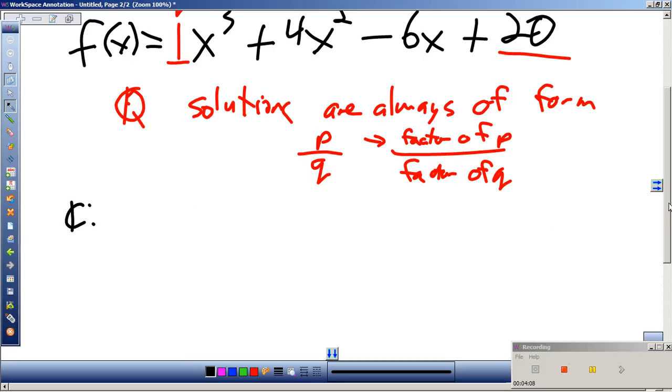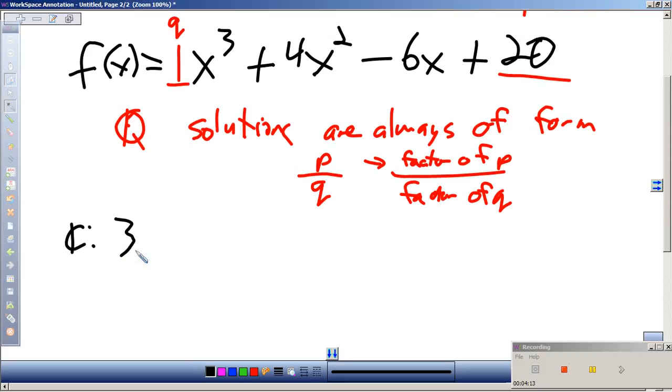Okay? Yeah, there are 3 solutions. Where are you getting 3 from? Degree. Yeah. So this is the fundamental theorem of algebra: a degree n polynomial has n solutions. So if it's a third degree polynomial, we know there must be 3 complex solutions.